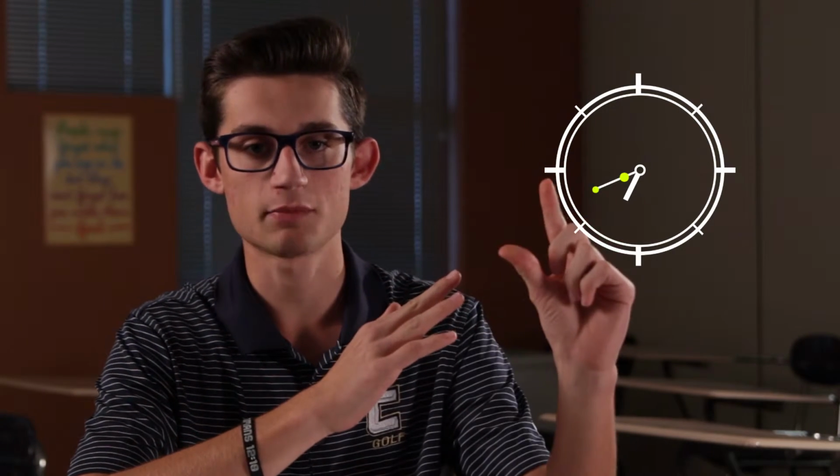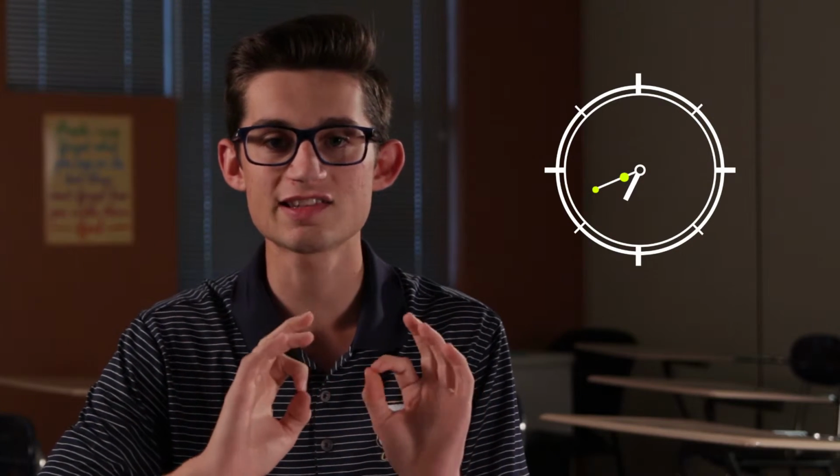Now, if we have a line going from a center point on that clock to the outside, and we add time to the equation because it's a clock, that line is in motion over time. Say the speed of the inside point of that radius and the outside point of that radius is the same because it's turning at the same speed.